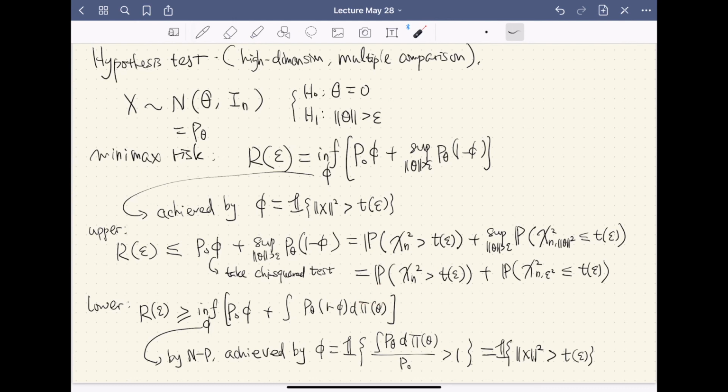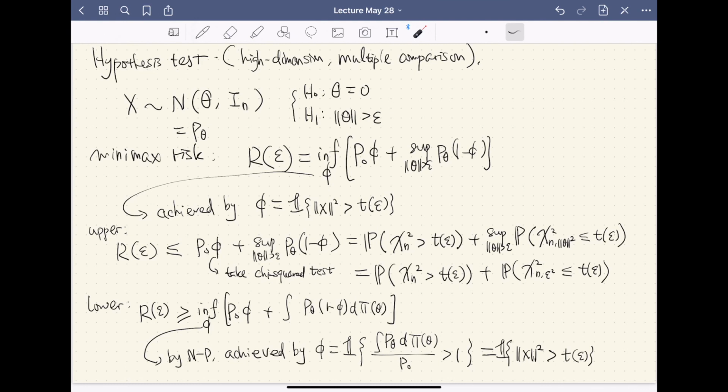All right, so this is for the chi-square test. And in the next lecture, we are going to study a different problem. We are going to introduce what is called the minimax separation rate. What is the minimax separation rate? Well, it is basically the smallest epsilon such that you are able to do the hypothesis test, right?